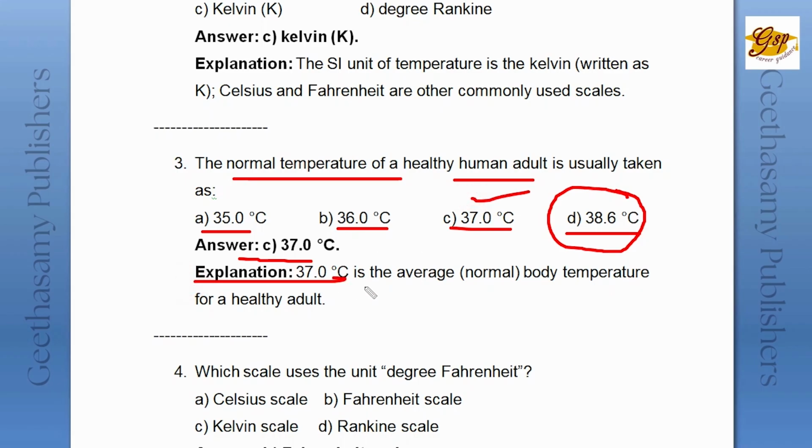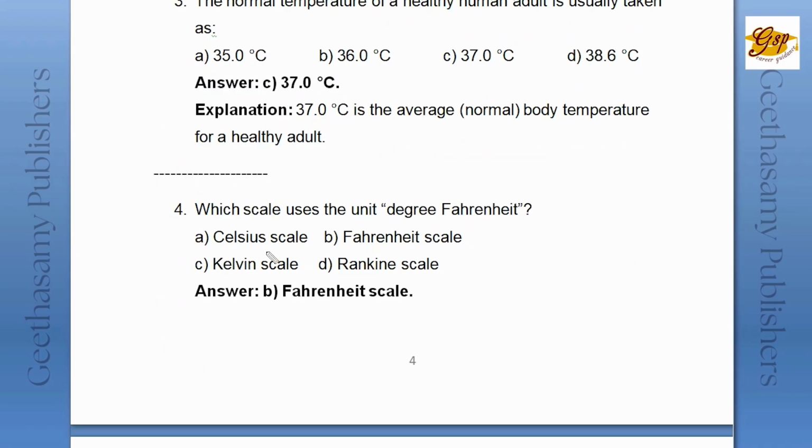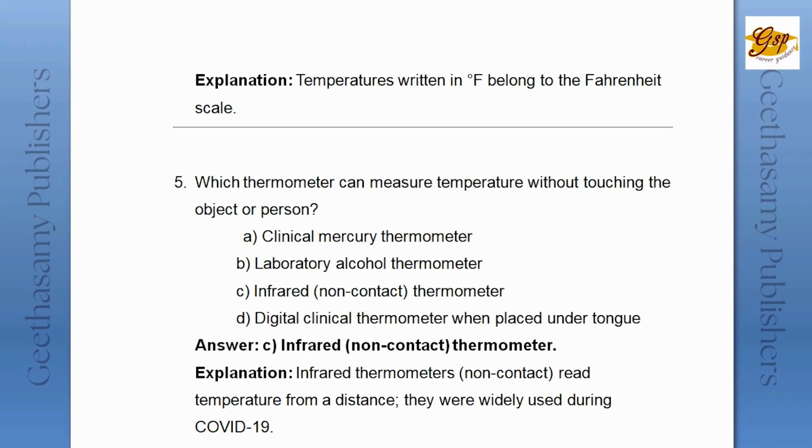Explanation: 37 degrees is the average normal body temperature of a healthy adult. Fourth question: which scale uses the unit degree Fahrenheit? Celsius scale, Fahrenheit scale, Kelvin scale, or Rankine scale. Answer is Fahrenheit scale. Explanation: a temperature in degrees F belongs to the Fahrenheit scale.